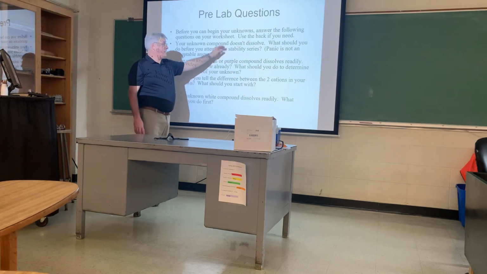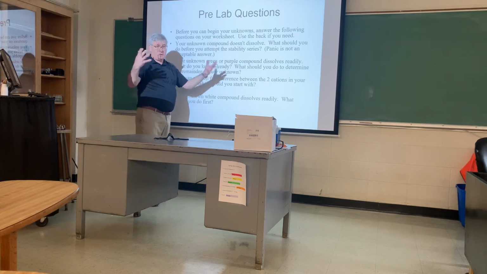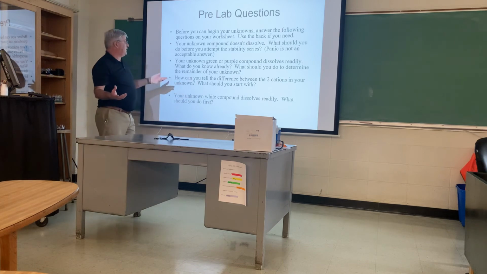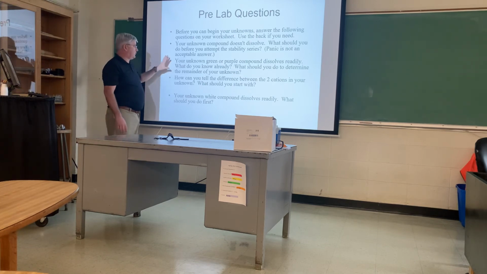So you put in that normal amount, and then put in the excess. And so you start just like you would with something that doesn't dissolve. It's possible that if it were, for example, lead chloride, that you could heat that and it would dissolve.